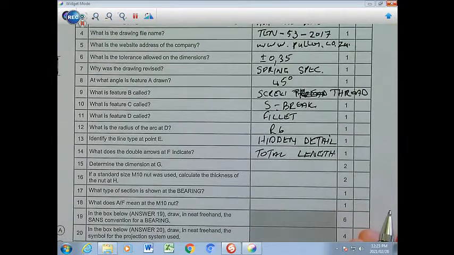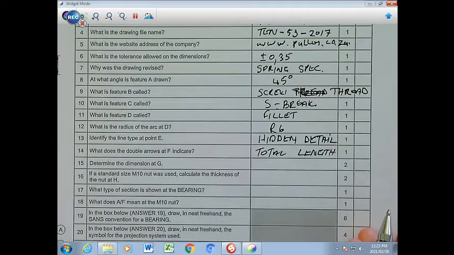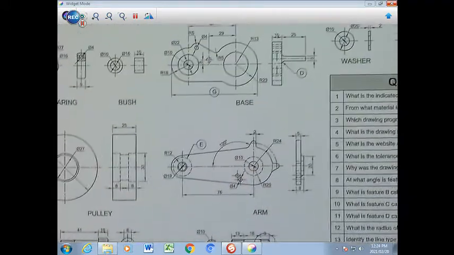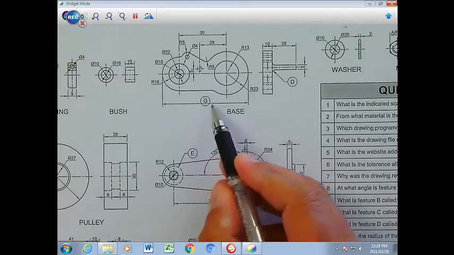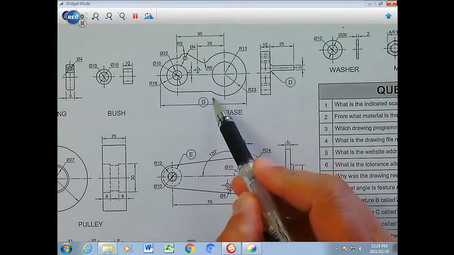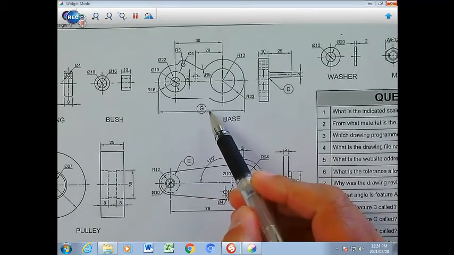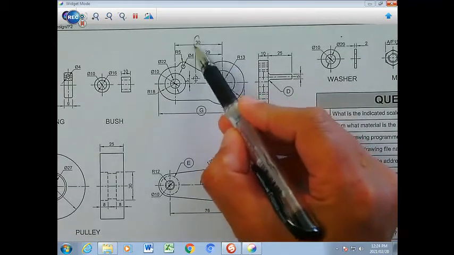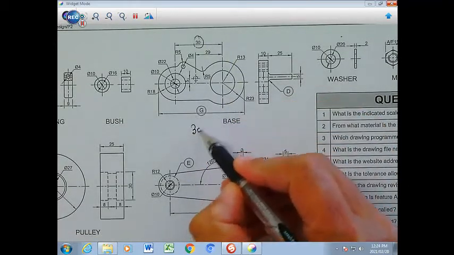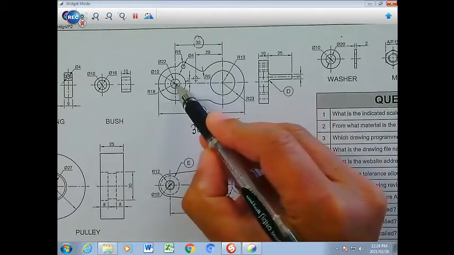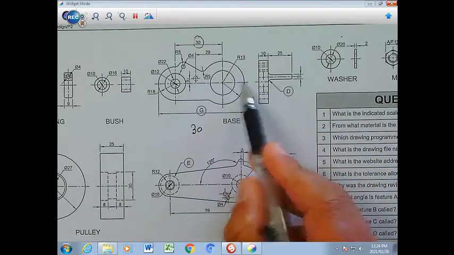Next question, number 15. Determine the dimension at G. So let's go to G. G could be found right on top here. There's G. So you need to do a few calculations here. We have that there, which is the 30, and it's from that center to that center, but we need it from here to there.